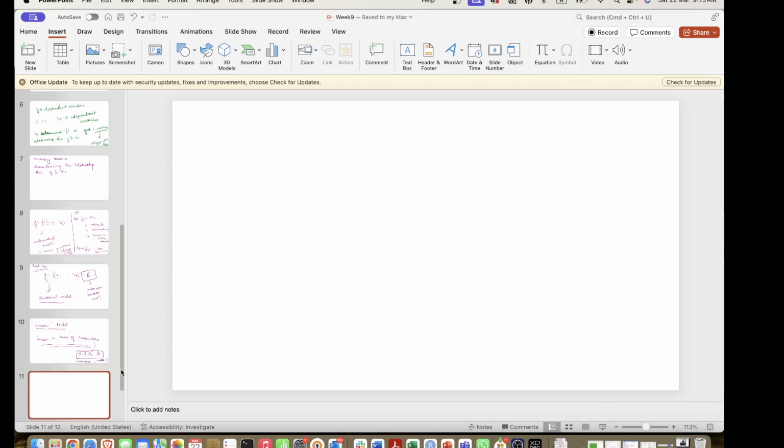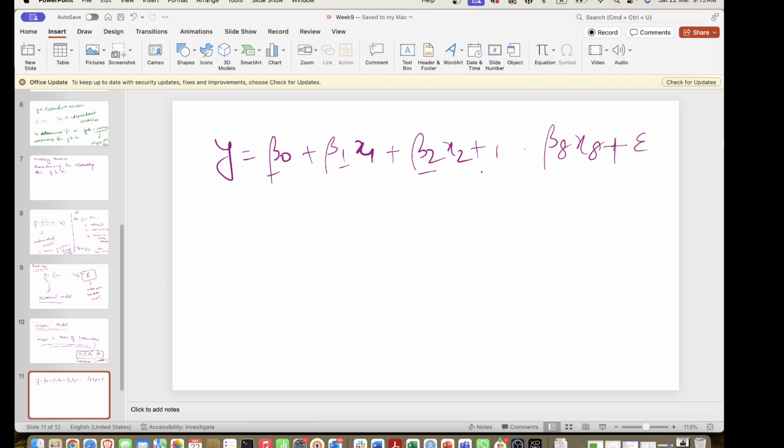So if I write y equal to, let's say, beta naught plus beta 1 x1 plus beta 2 x2 plus beta 8 x8 plus epsilon, then these betas are actually the unknown parameters which are helping to find a relationship between the dependent variable y and the independent variables x's.